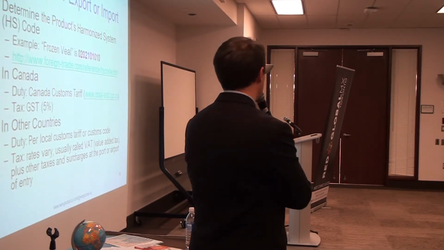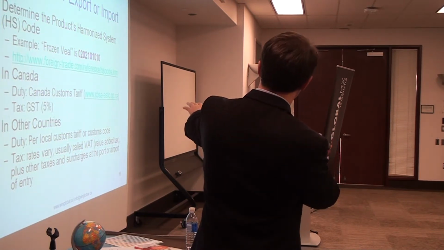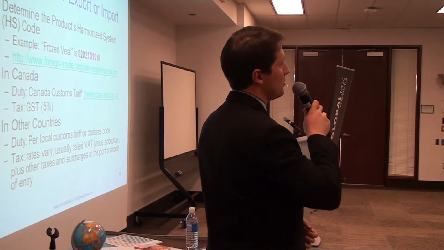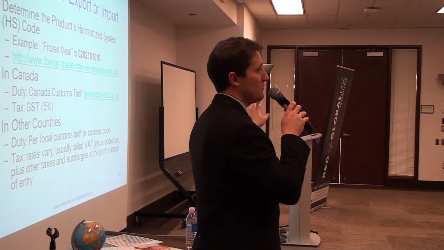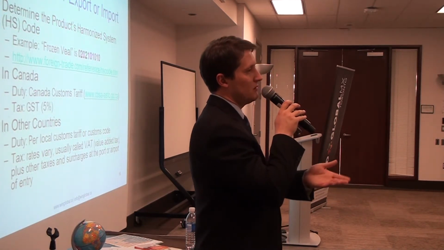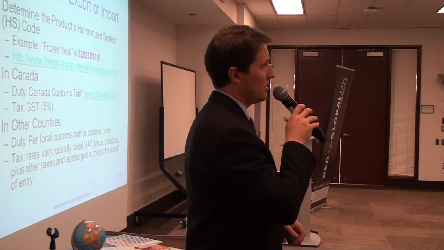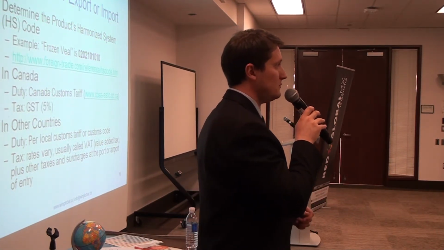For example, take frozen veal. If you open the customs tariff, you will find this HS code, you will find the description that this HS code represents frozen veal, and you will find the duty rate in front of it. It could be 0, it could be whatever.